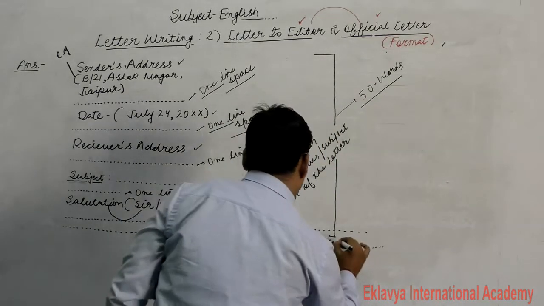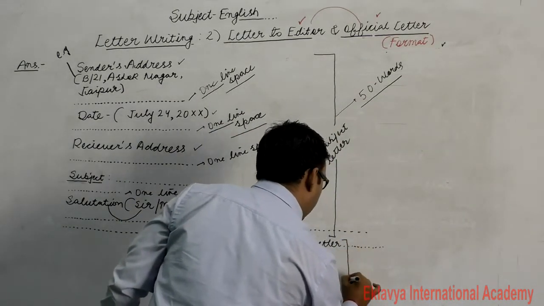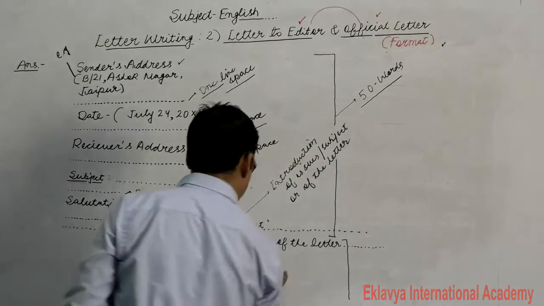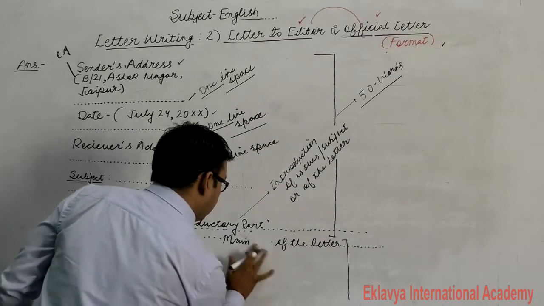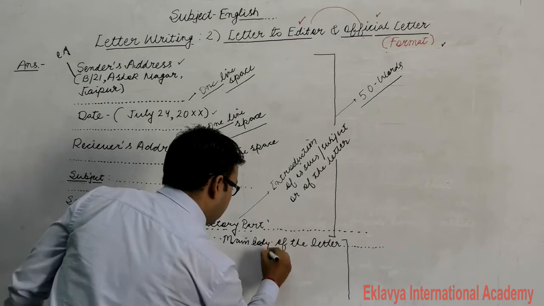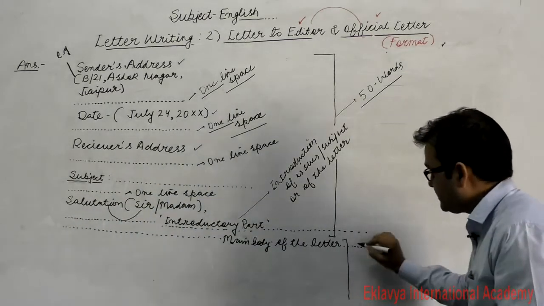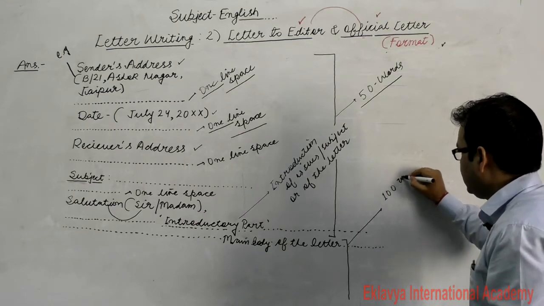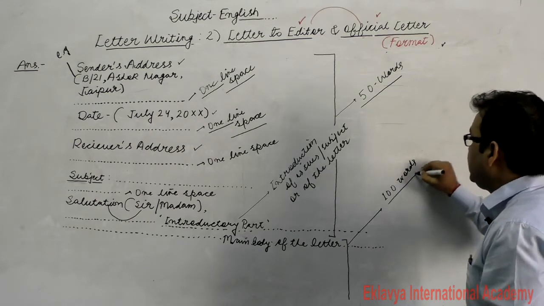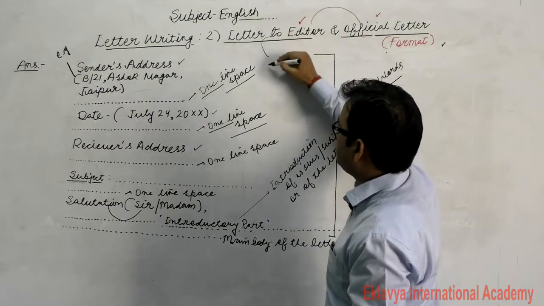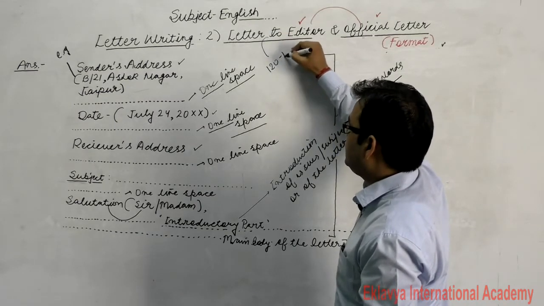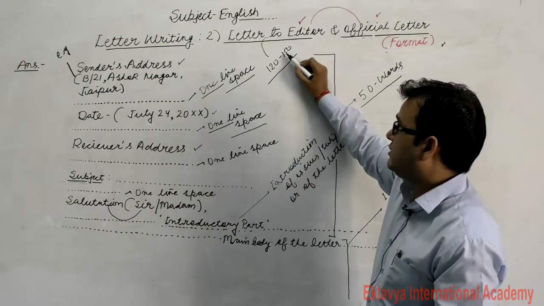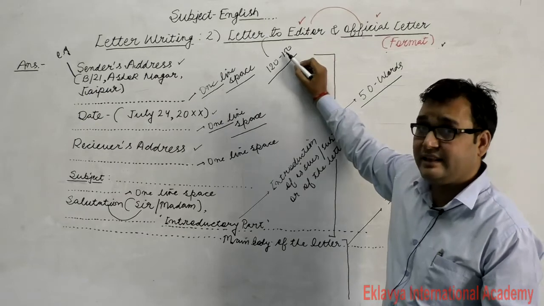And from your main body of the letter up to the last word, the word limit should be of 100 words, because in examination the same question is asked in 120 to 150 words. Your answer should be within the word limit of 120 or 150. Okay, you are not allowed to exceed the word limit at all.